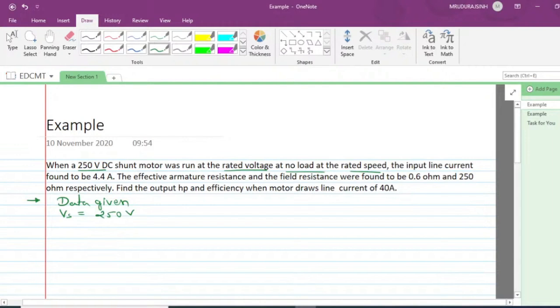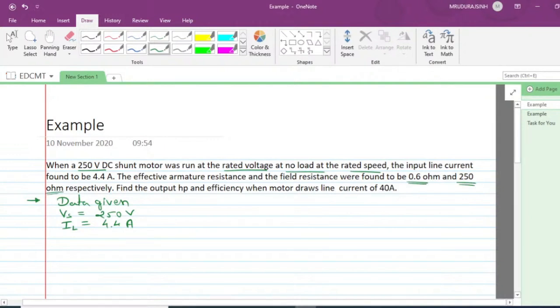The input line current found to be 4.4 ampere. So IL, input line current, is 4.4 ampere. The next is the effective armature resistance and the field resistance were found to be 0.6 ohm and 250 ohm.